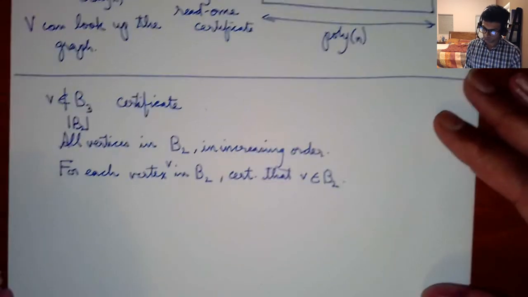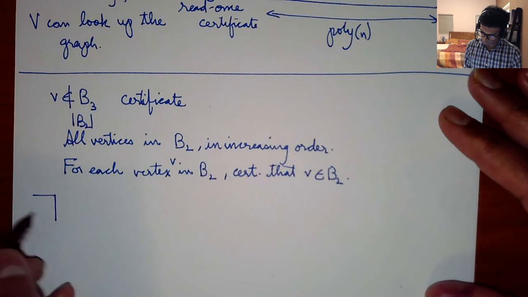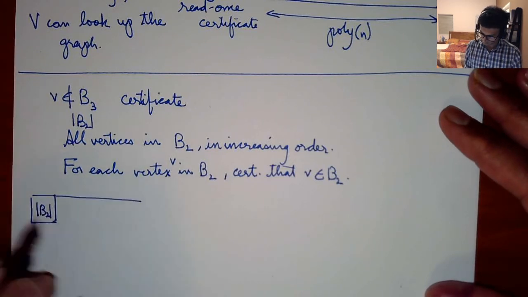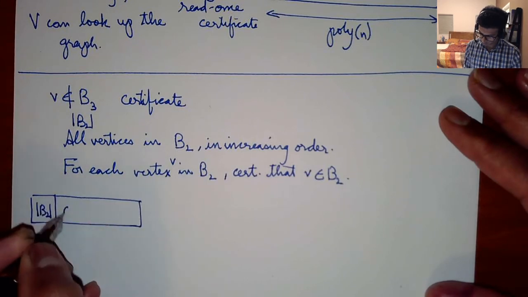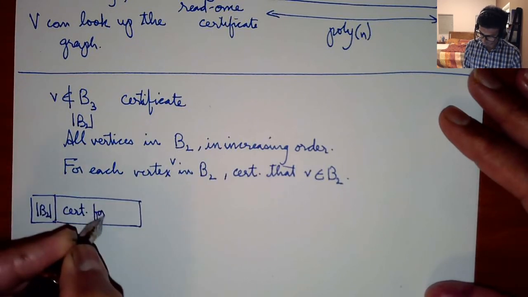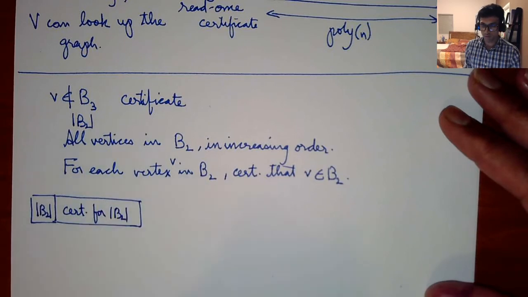So I'll draw it out here. What it gets is B2 and a certificate for B2.